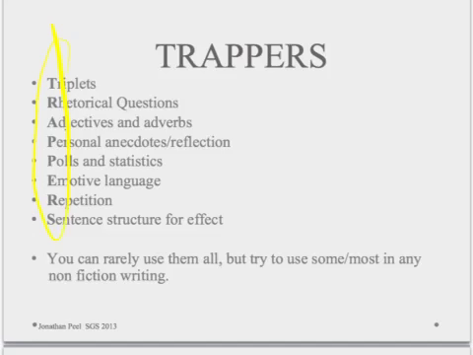All of that, but 3 of them, creating repetition, for example, then, and a triplet, then you are going to find that you will produce a piece of writing which automatically will start to help the examiner relax and give you a good mark. So, that's trappers. Look at this slide. Take a moment. If you don't know these, take a moment now to write them down. Get them glued into your brain. When you're ready, move on to the next slide.